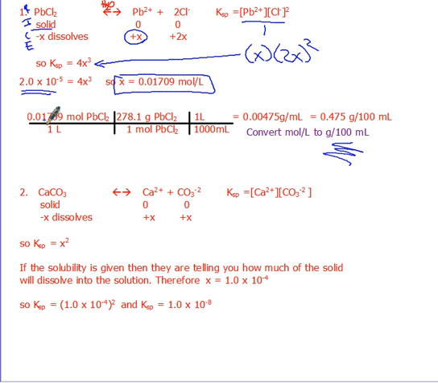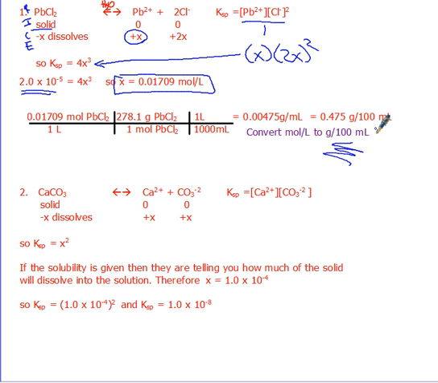So here was the moles per liter, changed it using the molar mass of lead chloride, and then liters to milliliters, and I got this answer. Oh no, that's grams per 1 milliliter. I want it per 100. So there would actually be 100 times more. So I multiplied this number by 100 to get it to be grams per 100 milliliters.